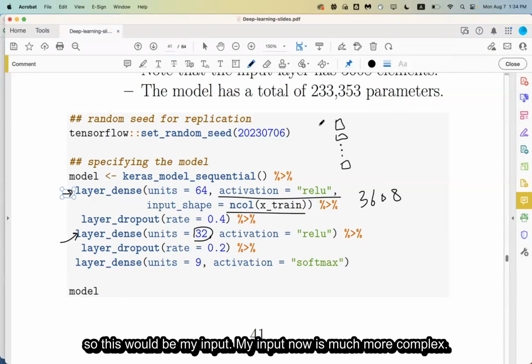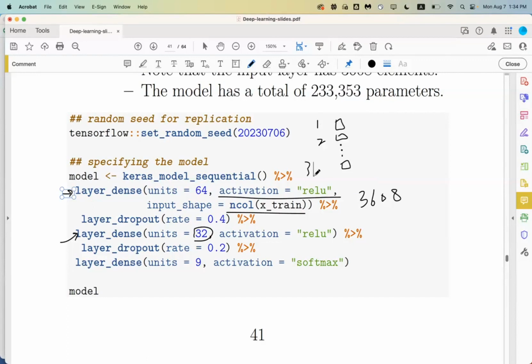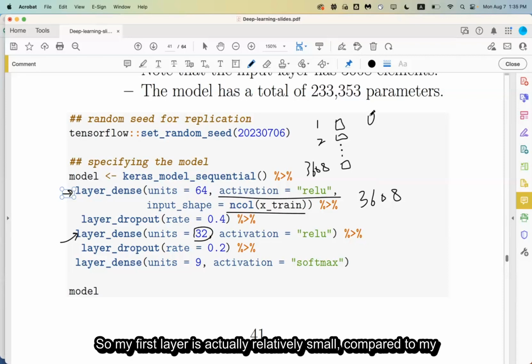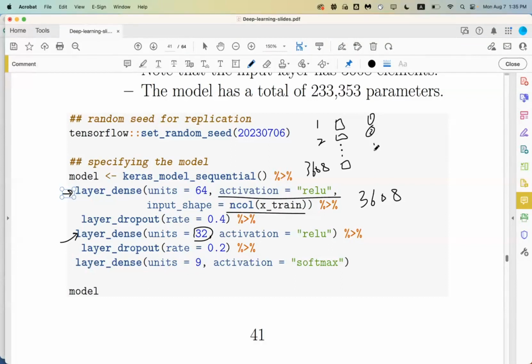So therefore, if I look at my model, this would be my input. My input now is much more complex. I have more than 3,600 inputs. So my first layer is actually relatively small compared to my input. I have 64 here.